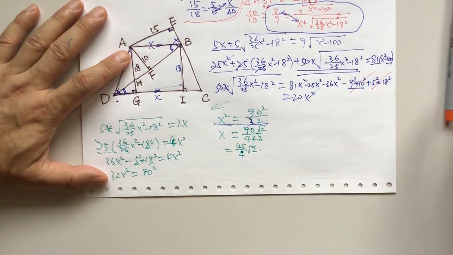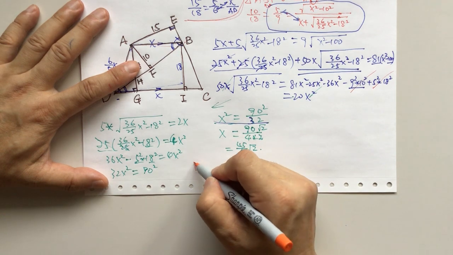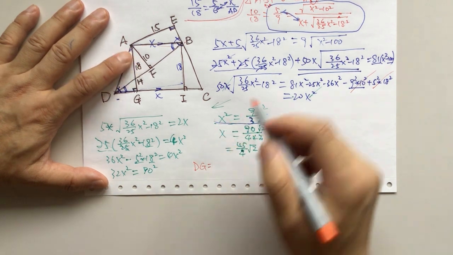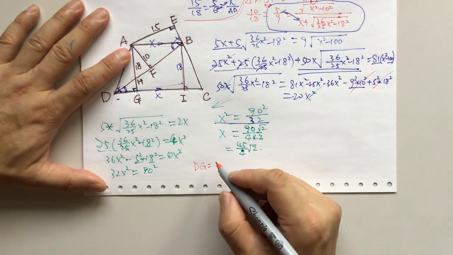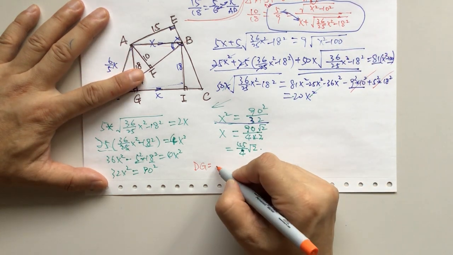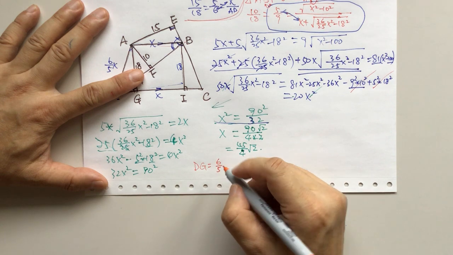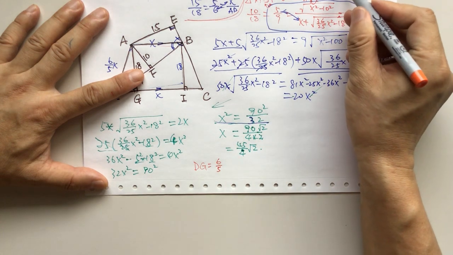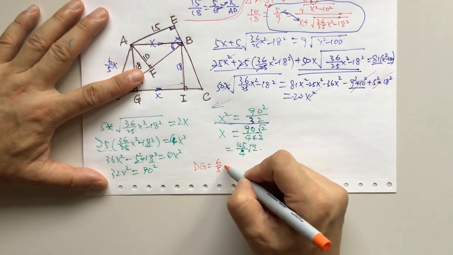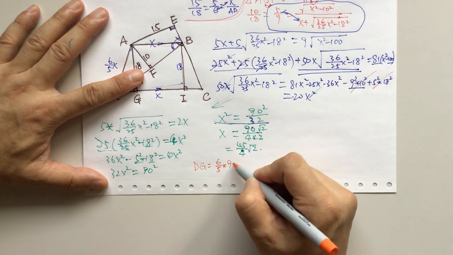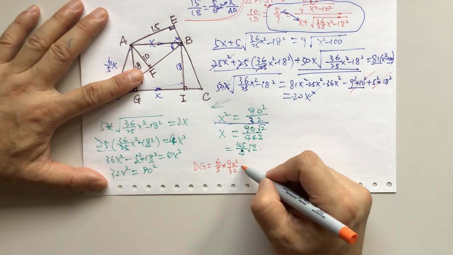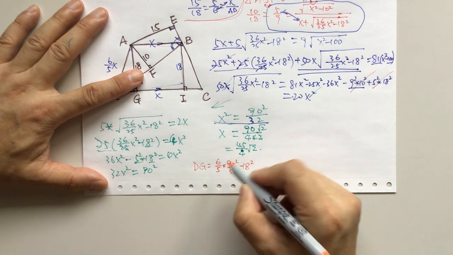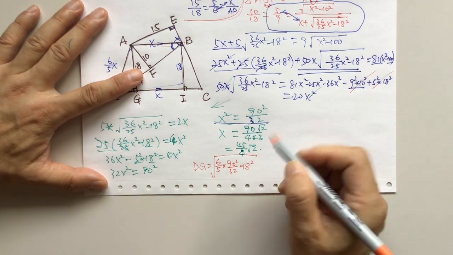Then we will find how much for dg. dg, we know dg is the square root of this one. So 5 over 6 times x squared, this is 90 squared over 32, and minus 18 squared, then take the square root of that, right?